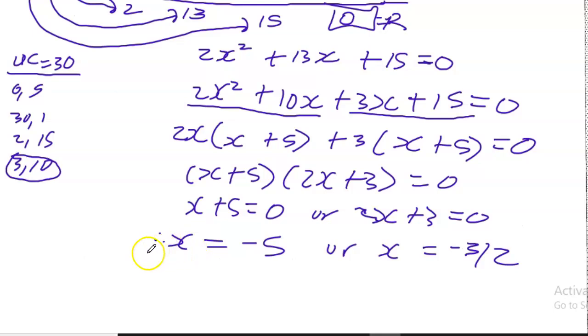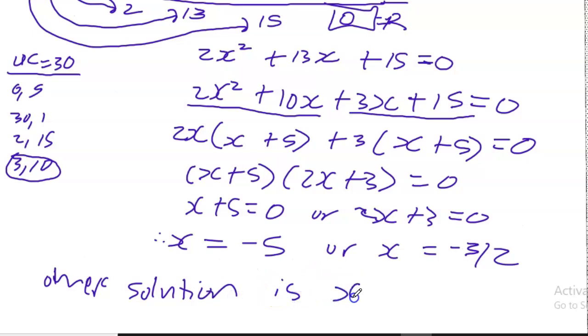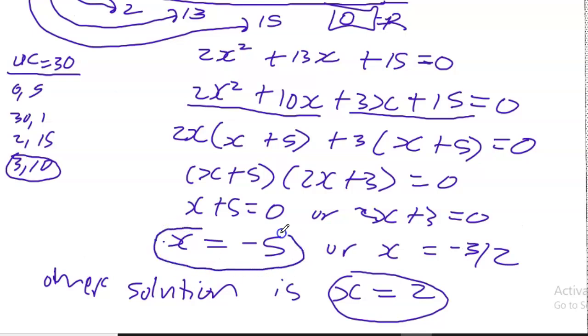And also the solution will be x equal to 2, since recall x minus 2 is a factor. So these will be the solutions for the cubic polynomial: minus 5, minus 3 over 2, and positive 2.